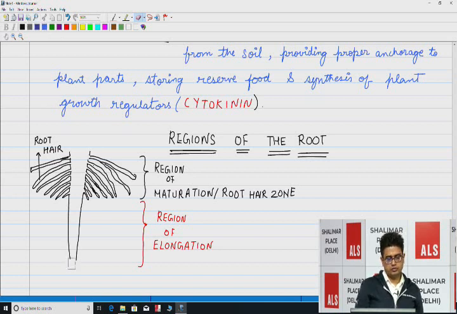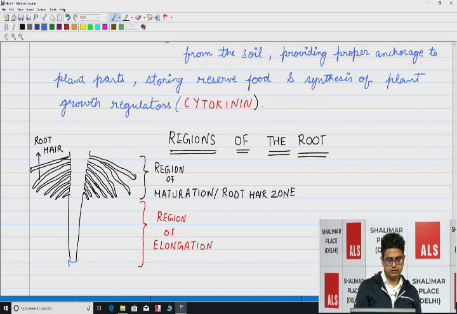Next zone is called the root cap zone. It's a cap-like structure. I am drawing it too enlarged, so I must correct it. It's not so huge.